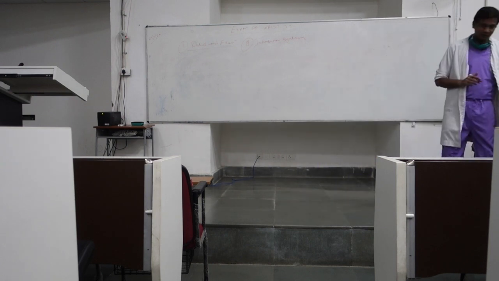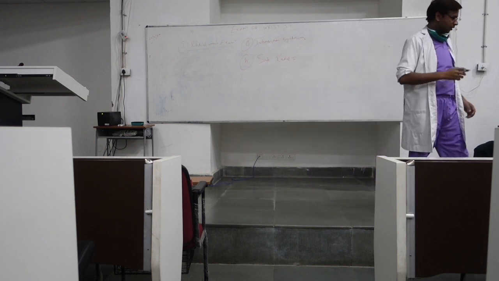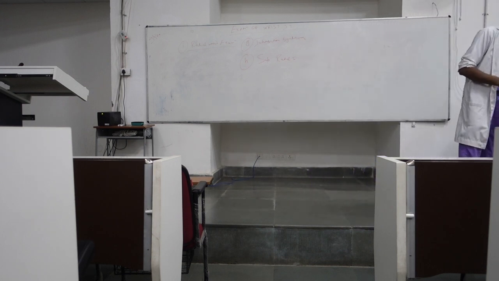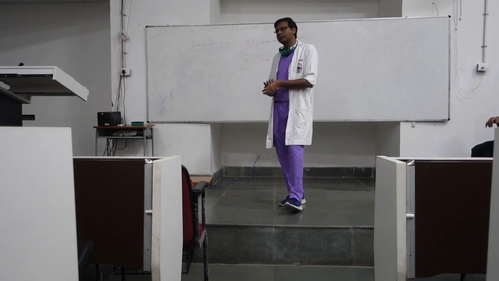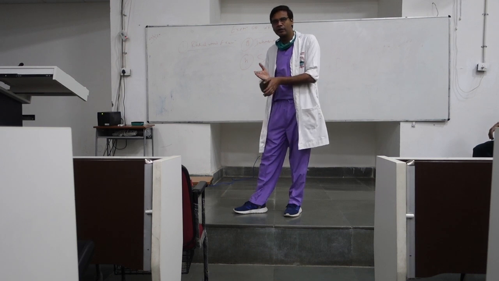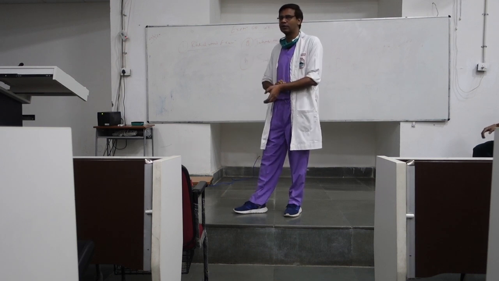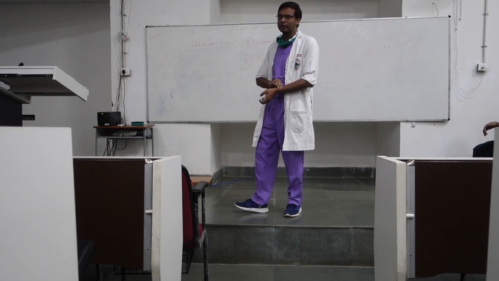Now what is the next? Superficial radial nerve. Not easily palpable, but in thin individuals, what you do is simply ulnarly deviate your wrist, and from underneath the brachioradialis tendon it becomes superficial. You can palpate about 4 to 5 centimeter. I am not able to palpate myself.